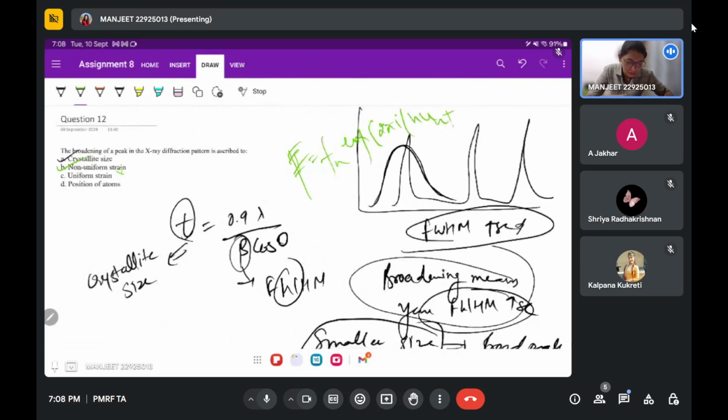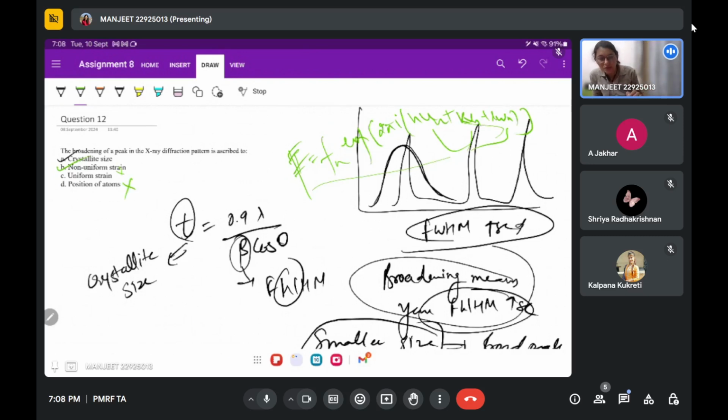So the position of the atom leads to how your intensity is changing, whether it is increasing or decreasing. The position of the atom does not lead to the broadening of the peak, so this is also not the correct answer.